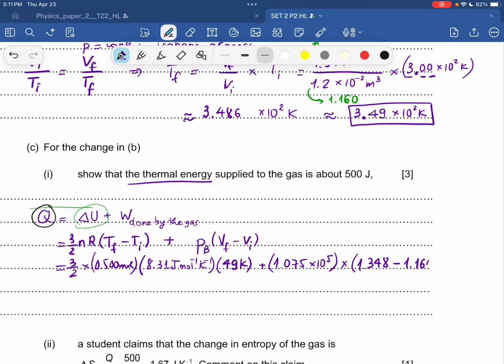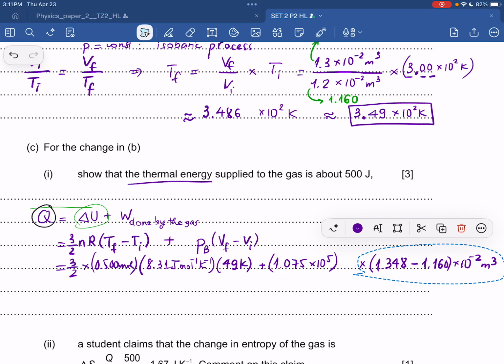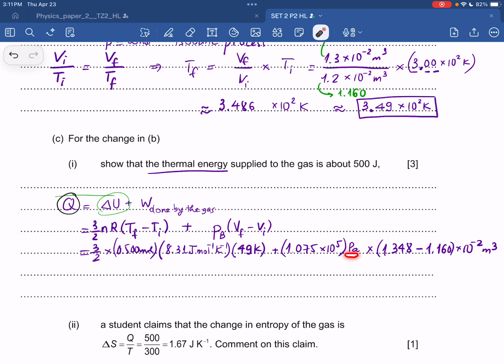So these are also times 10 to the -2 in meter cube. Okay. Oh, the pressure, I should be clear here. This is Pascal as well. Yeah, we need the unit for the pressure to be in Pascal so that it can cancel out with the volumes in meter cube here, and then what we are left with will be in joule. So just plug in the values, then you will find it's around 500 or 5 joule, right? Yes.